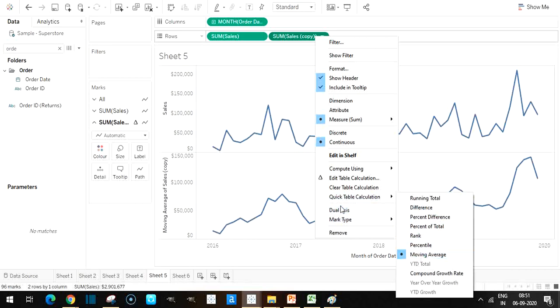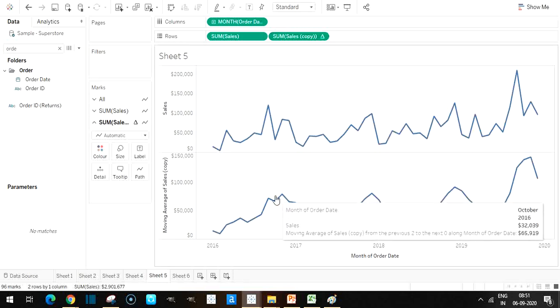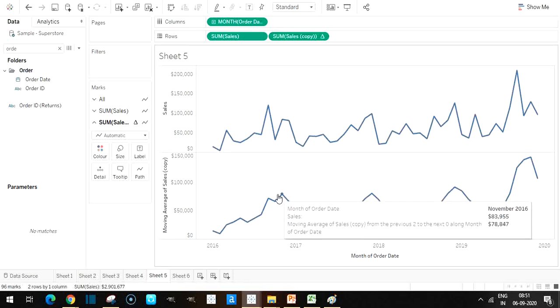You can just select moving average, and it will add up all three data points and divide by 3. That is called a 3-day moving average or 3-points moving average. But I may want to calculate a 10-points moving average or 20-points or 50-points moving average.